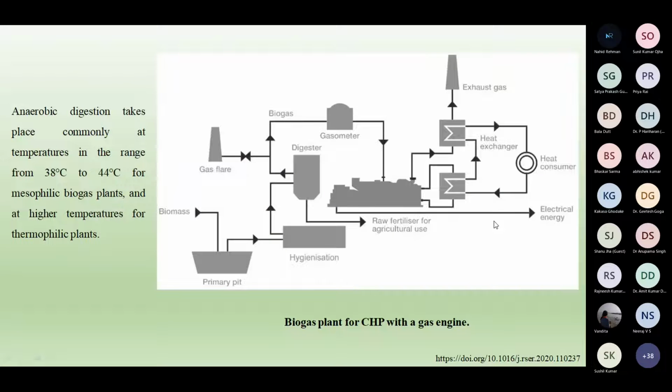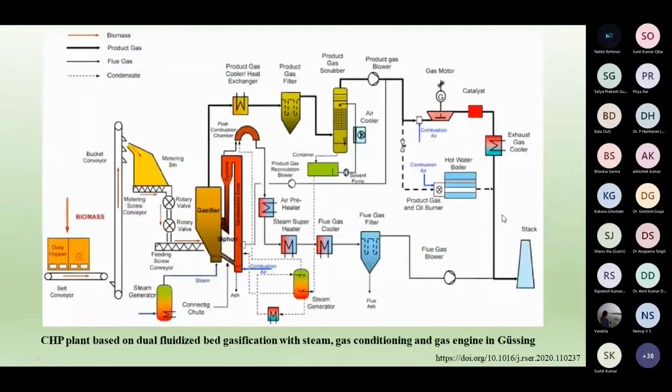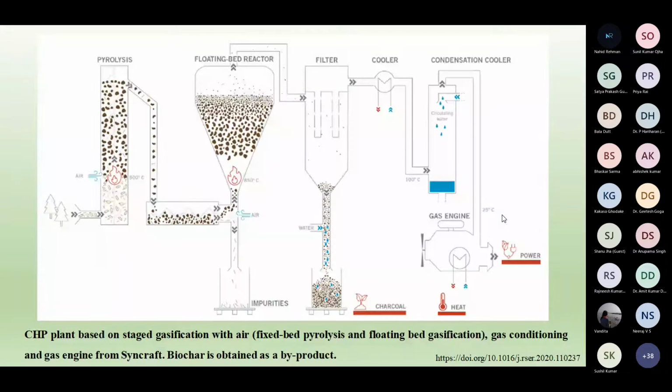So this is the scheme for the biogas plant for CHP with the gas engine. And this is another scheme of this CHP plant. And this one is the CHP plant with staged gasification with air.